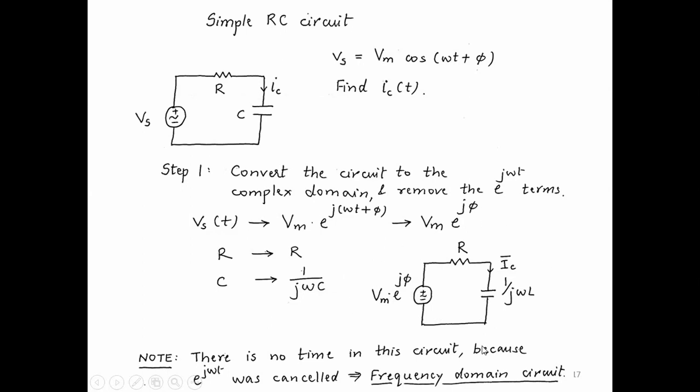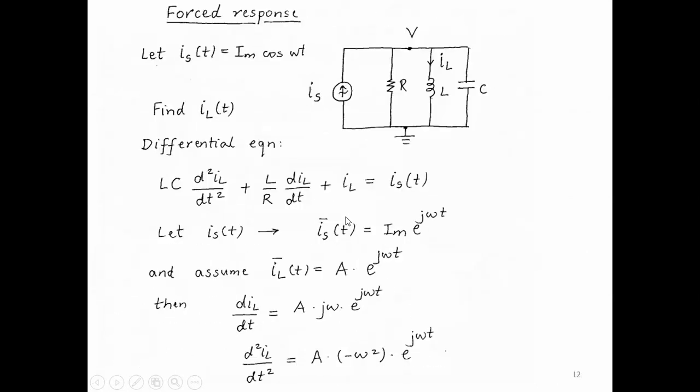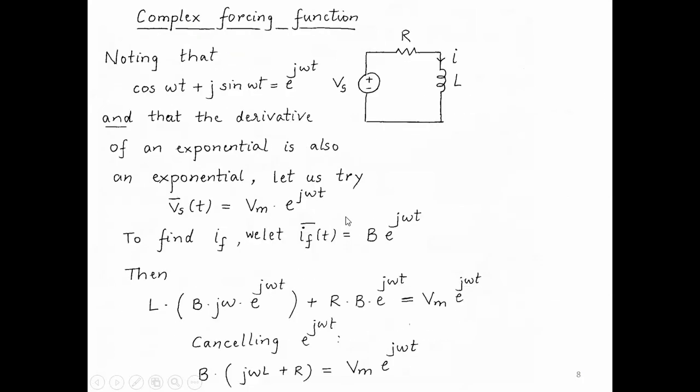Now this is called the complex domain circuit. It is also called the frequency domain circuit, because what we've done is we cancelled e raised to j omega t, right? So we cancelled e raised to j omega t as an intermediate step.